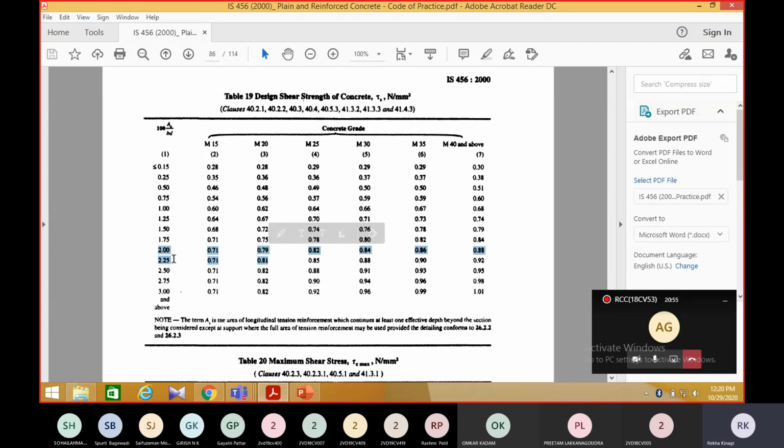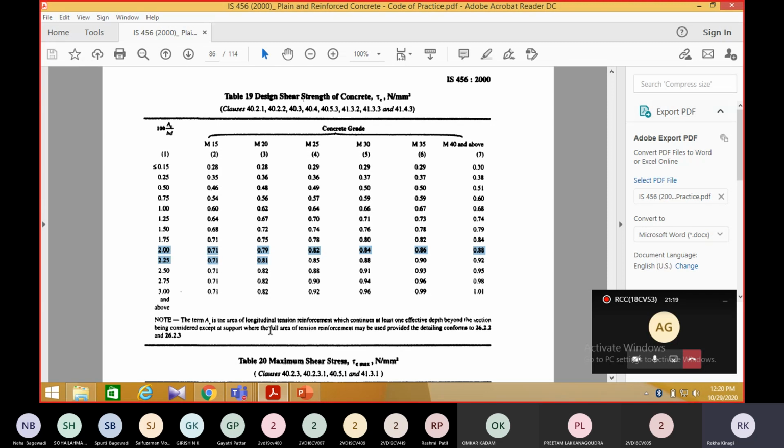And the percentage of steel is very much nearer to 2.25, so almost for M20 grade of concrete and percentage of steel equal to 2.24 it will be 0.81.